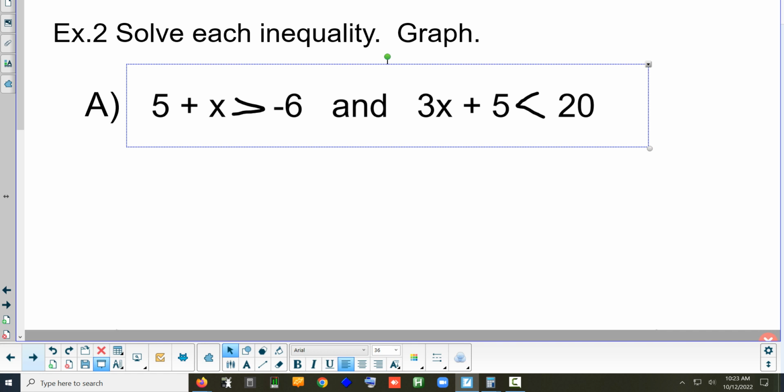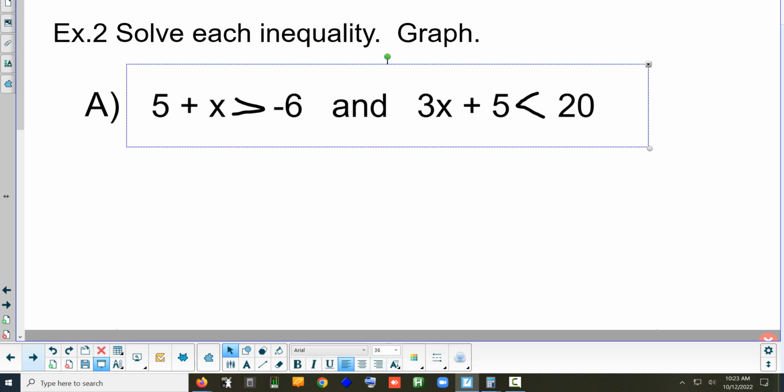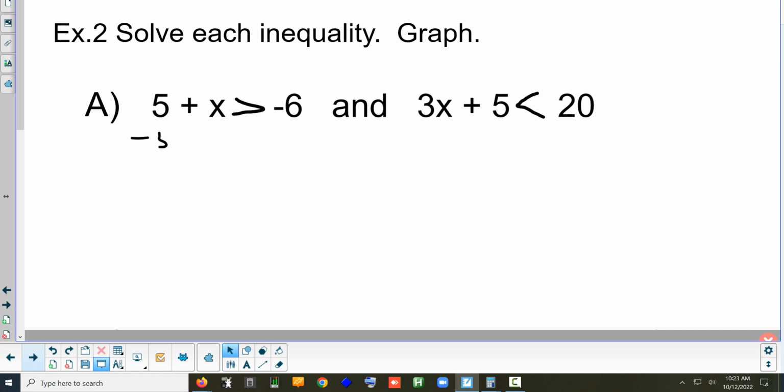All right, let's start with 5 plus x is greater than negative 6. There's only one step. Does anybody see the one step to get x by itself there? Yep, Alex. Minus 5 from both sides. 5 minus 5 is gone, and the only thing on the left is x.